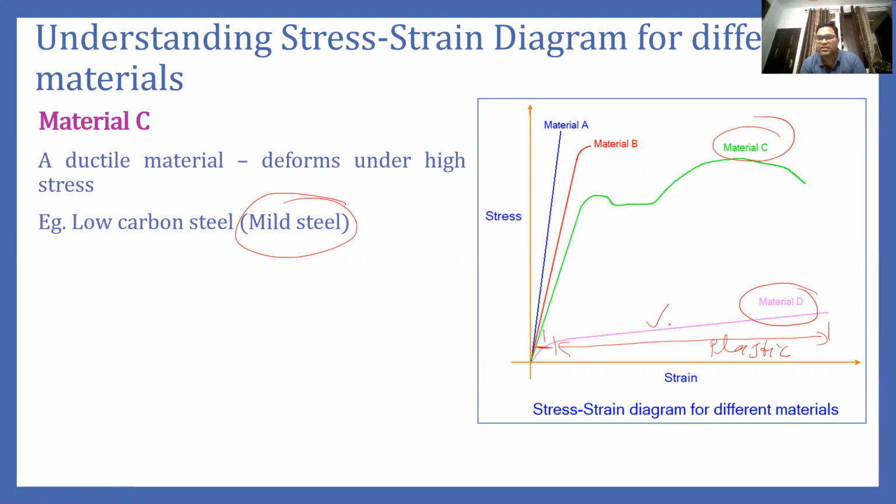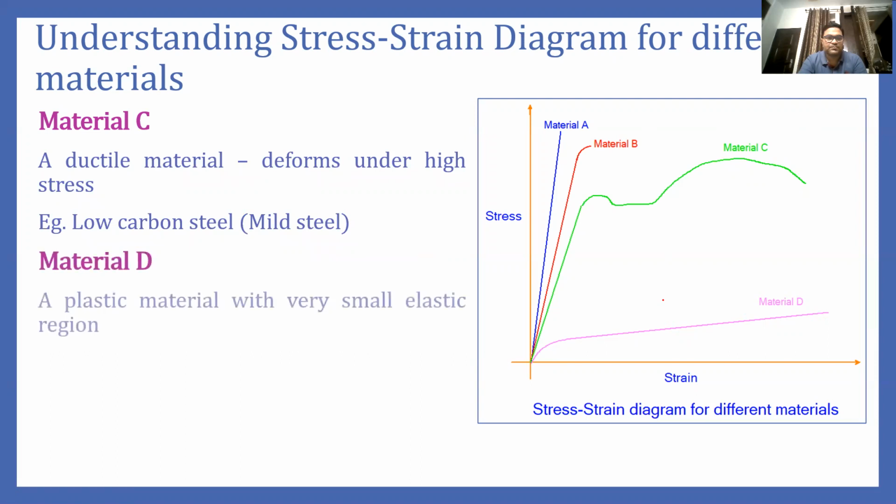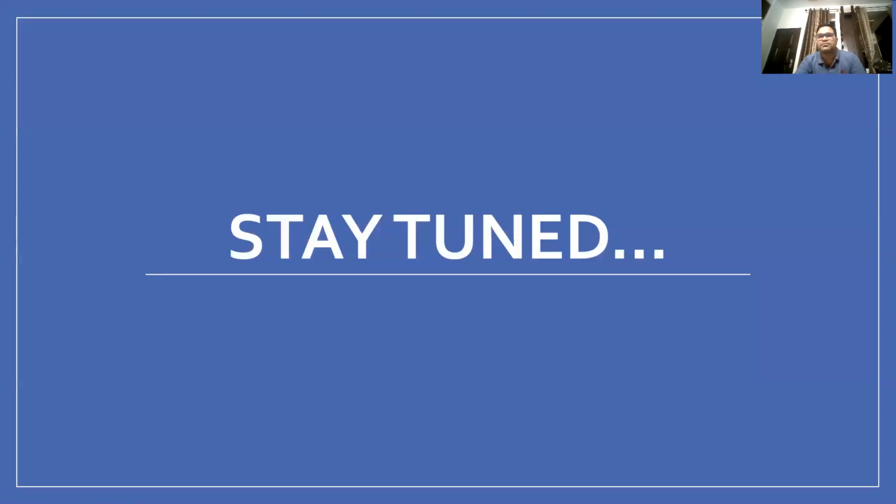This kind of material, even at a very low load, will deform permanently. So this is how we can interpret this curve for material D. This is a plastic material with a very small elastic region, and at a very low load, it can deform permanently.